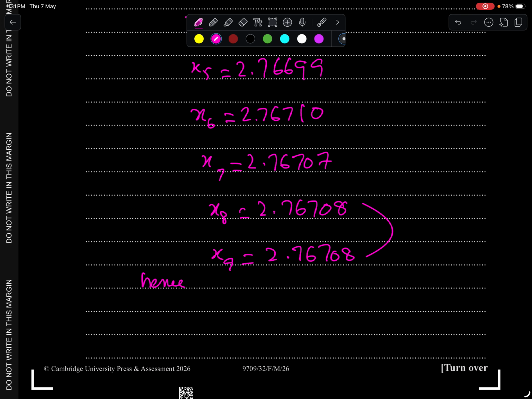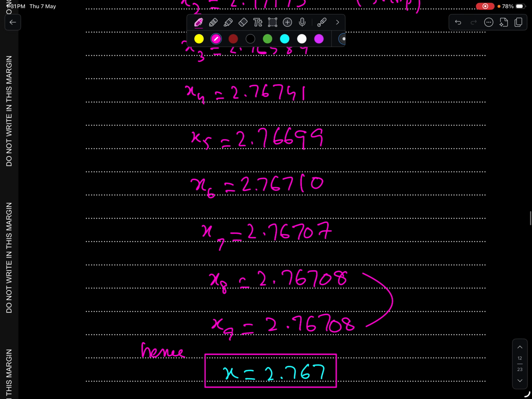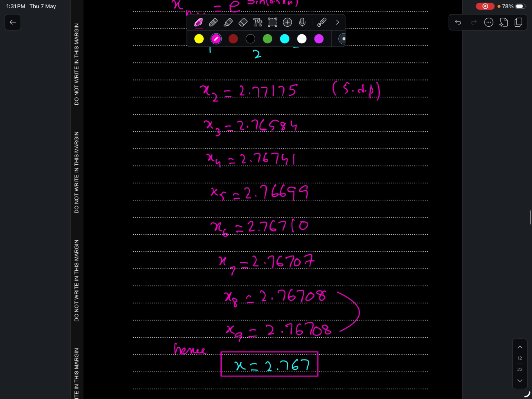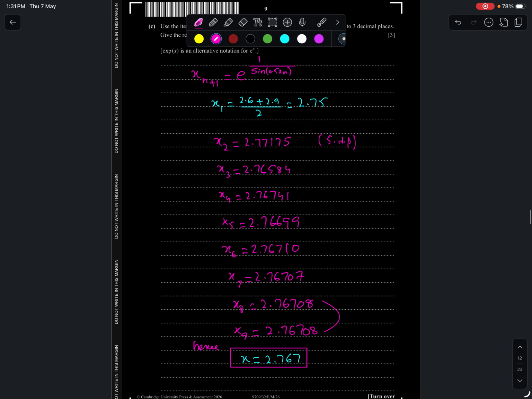Hence, x is 2.767. So repeat the process until you get your repeated number or a repeated pair. Here we got a repeated number.